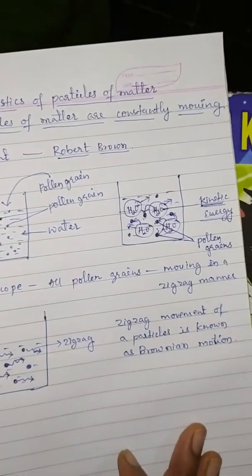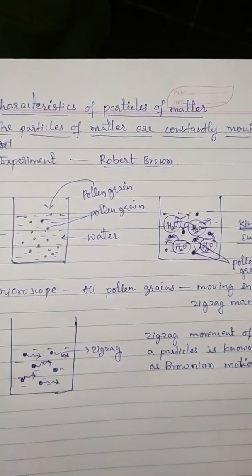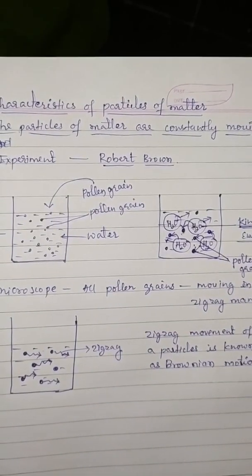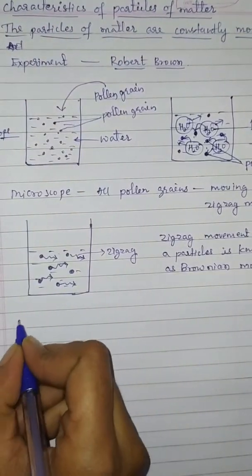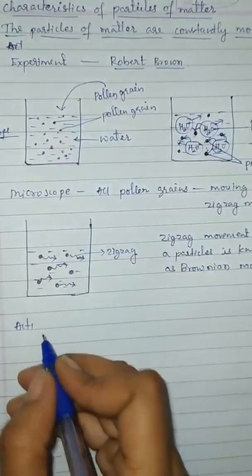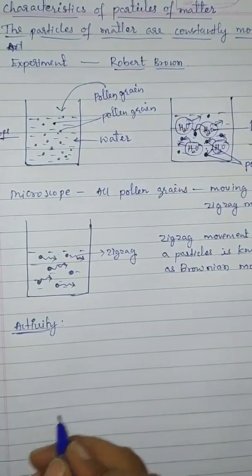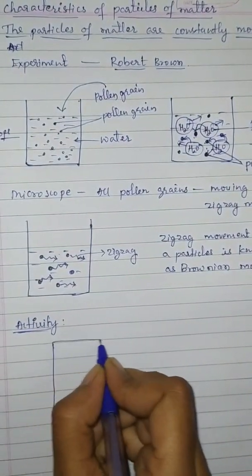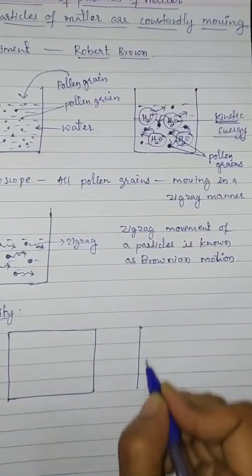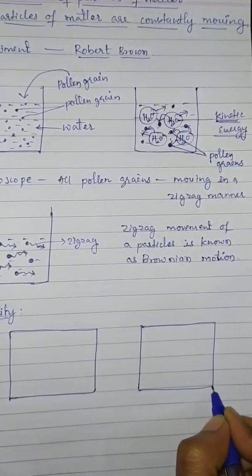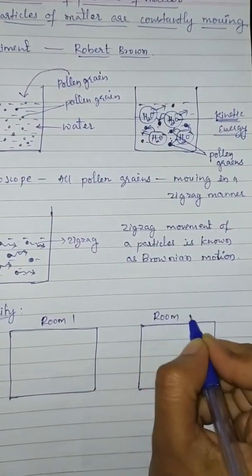Okay, from this activity we can conclude that the particles of the matter are constantly moving. Okay, and so we can perform one more activity to support this statement. Okay, consider this is one room and this is another room. Okay, this is room 1 and this is room 2.